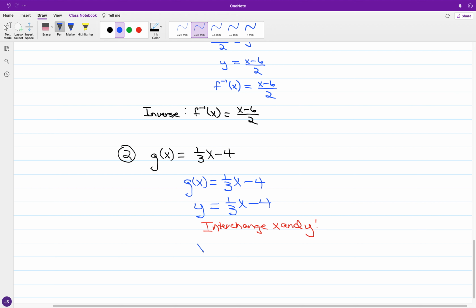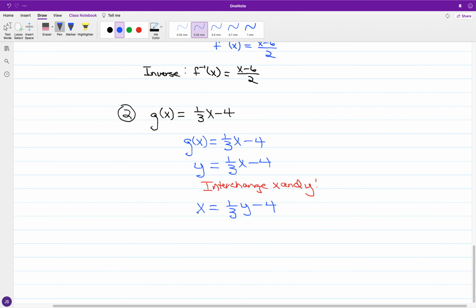So we have x is equal to 1/3 of y minus 4. And I'm going to isolate the y term. Or I can multiply the equation by 3. We'll go that route.